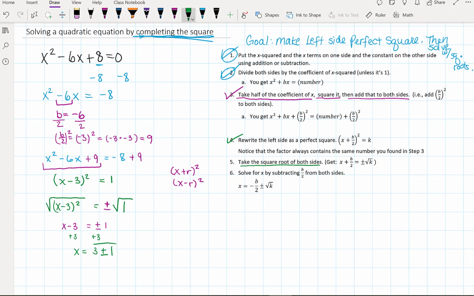Well, what does this mean? This just means that one solution comes when I take 3 and add 1, and one solution comes when I take 3 and subtract 1. So we get x equals 4 or x equals 2. Those are the two solutions to this original equation.